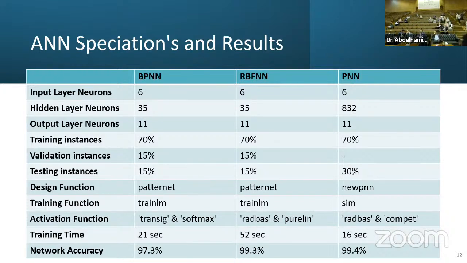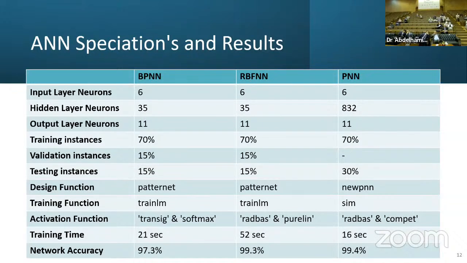For the input layer, there are 6 input neurons for each model. For the hidden neurons, there are 35 neurons for both the backpropagation neural network and the radial basis function neural network, chosen experimentally, and 832 for the probabilistic neural network, selected automatically based on the size of the training space.